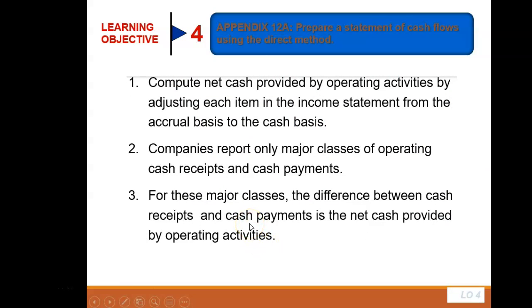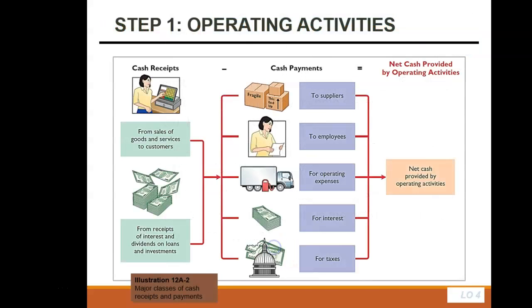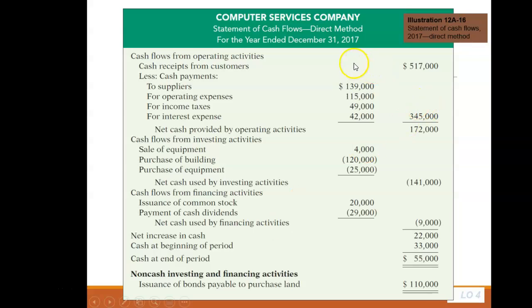One last thing, I mentioned there's two different approaches, the indirect approach and the direct approach. With the direct approach, which I will really test you on, it means we can identify every source of cash inflows, every source of cash outflows. With the direct method, it will give you the same results as the indirect method.